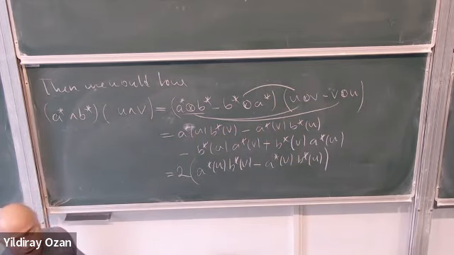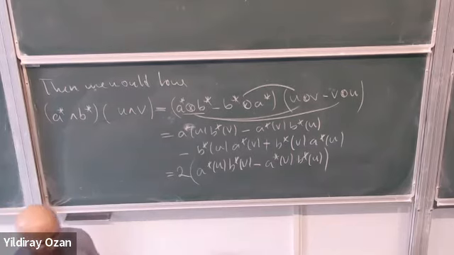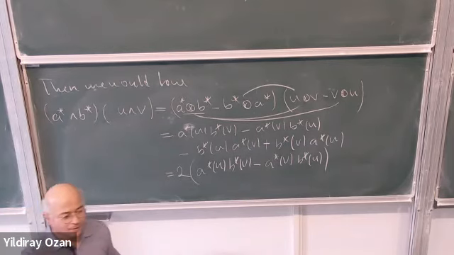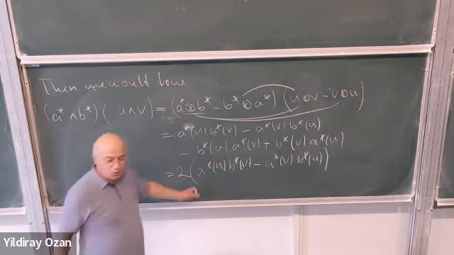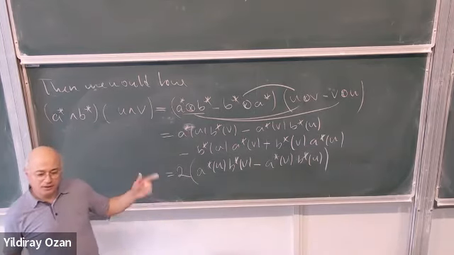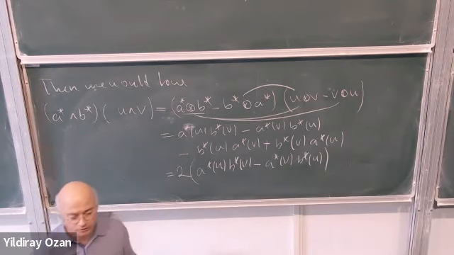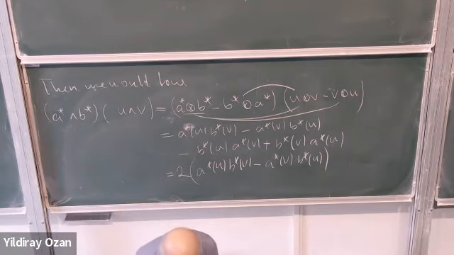So you get 6 terms, repeated 6 times. So this is 2 factorial. The next one will have 3 factorial. Okay, let's do it in the second hour.